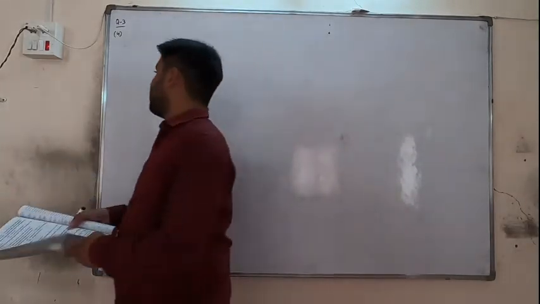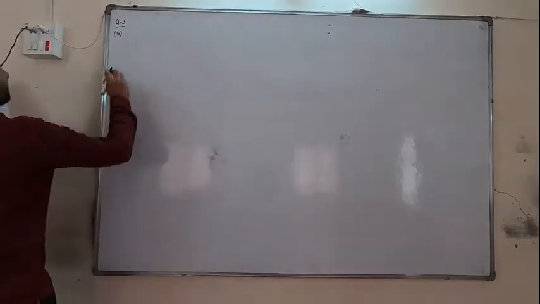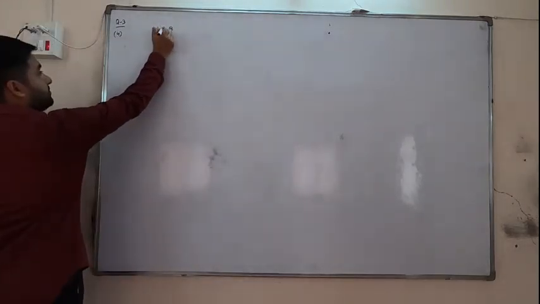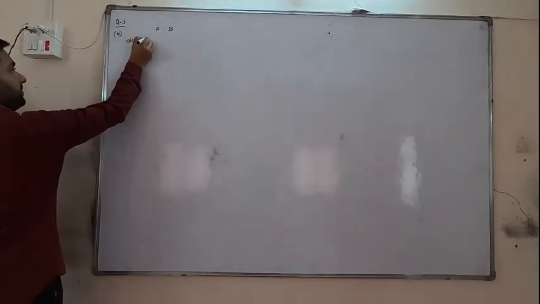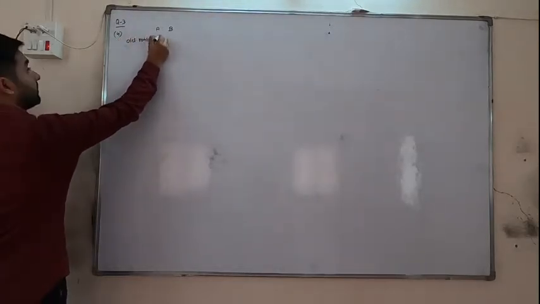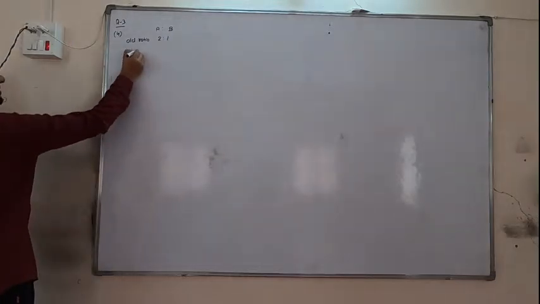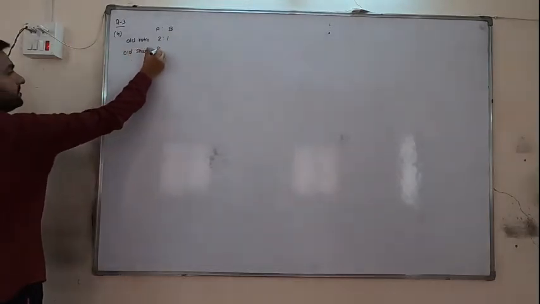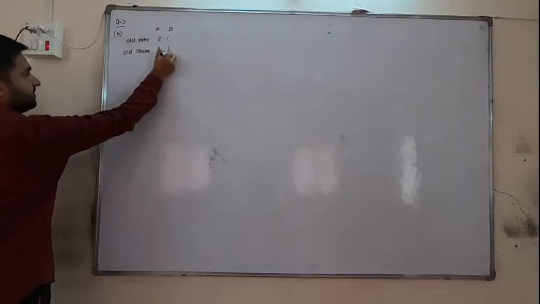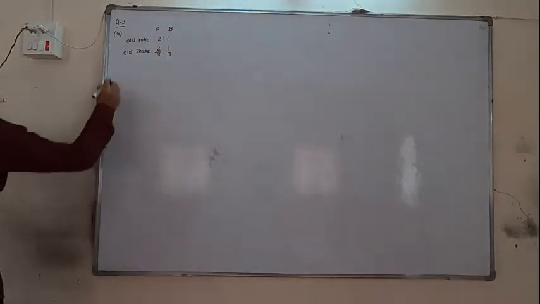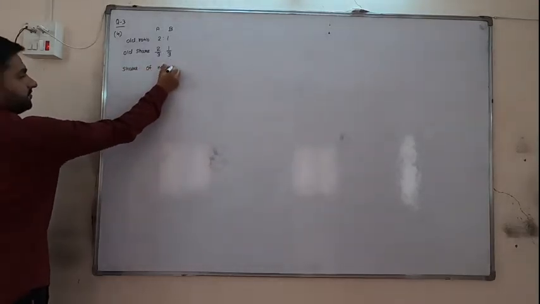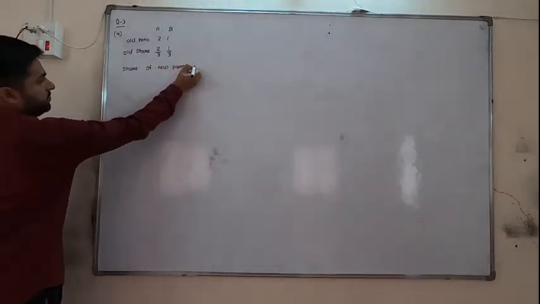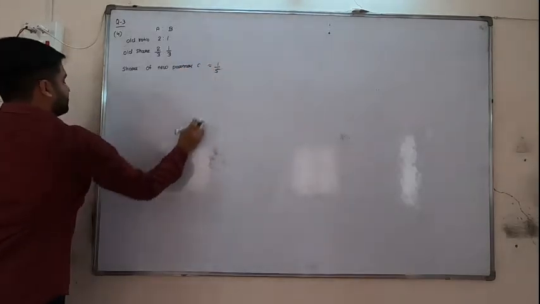Okay, now let's start. A is to B, old ratio 2:1, old share 2/3, 1/3. They are admitting C as a new partner for 1/5 share. Share of new partner C is 1/5.